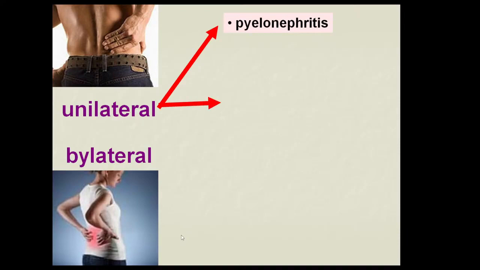Unilateral pain is characteristic for paranephritis, inflammation of extrarenal cellular tissue when the pathological process spreads outside.